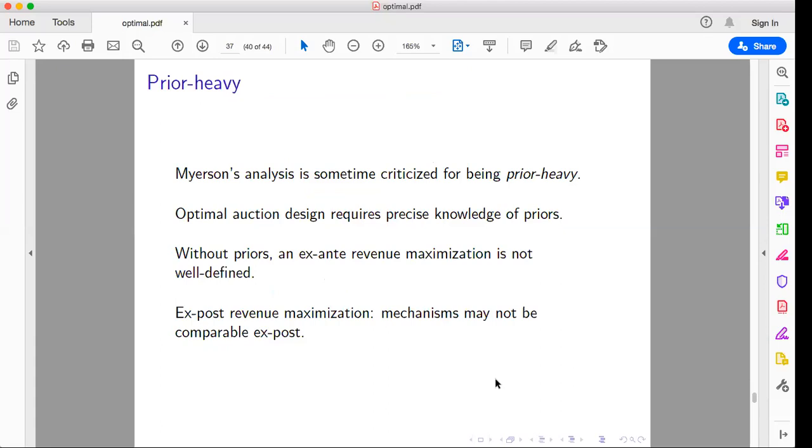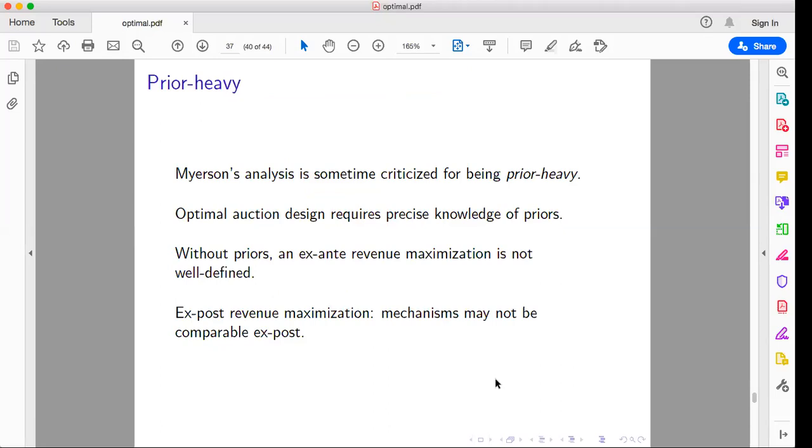All right. So one thing many people do not like here is that Myerson's analysis is heavily dependent on what priors are used. Whether bidders are symmetric or asymmetric, the knowledge of priors is extremely crucial for deriving the optimal auction.